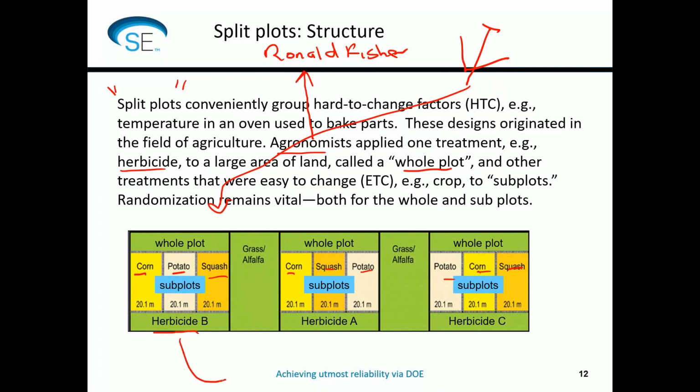And then there's a buffer in between where the plane comes around, switches the tank. The second pass is herbicide A, and then it comes back around. A third pass is herbicide C. So we've actually restricted the randomization of this factor of herbicide into the whole plot.